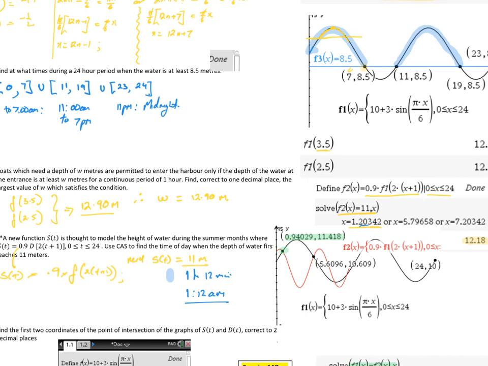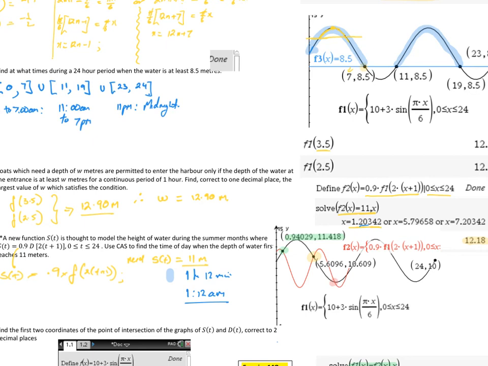Have a look at my second point. My second point says at x equal to 10. Now, at x equal to 10, that's this point down here. We've missed completely that point there at 5.6.